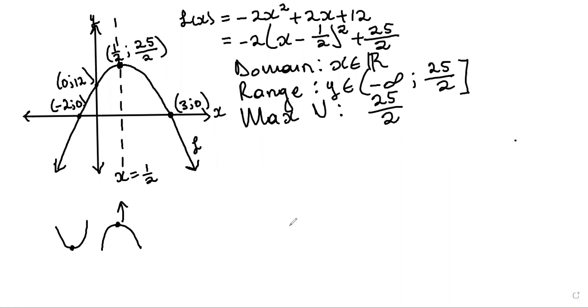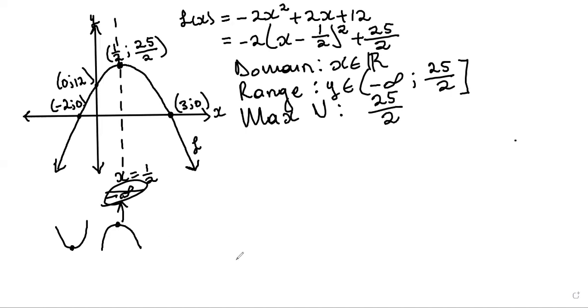So for the range and the maximum value, you look at the y coordinate of the turning point. Are you fine? So yeah, it's with reference to the y coordinate of the turning point. So we know it's just going to be that much. We don't have the minimum value. It's negative infinity. Infinity is not a number, we can't say anything about it. Okay, that's fine.